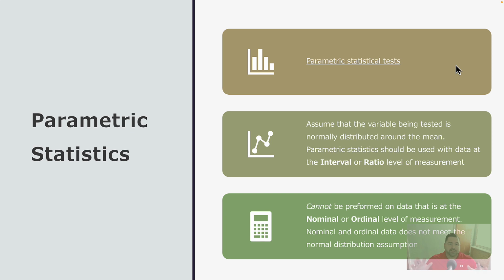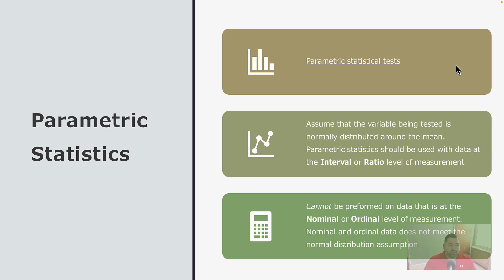So once we understand the person's research question, and then we understand the kind of data and the kind of question that they want to answer, we then need to say, okay, is this data being collected with numerical quantitative values? If yes, then we move on and say, okay, great. We probably can perform parametric statistical tests in order to answer that question.